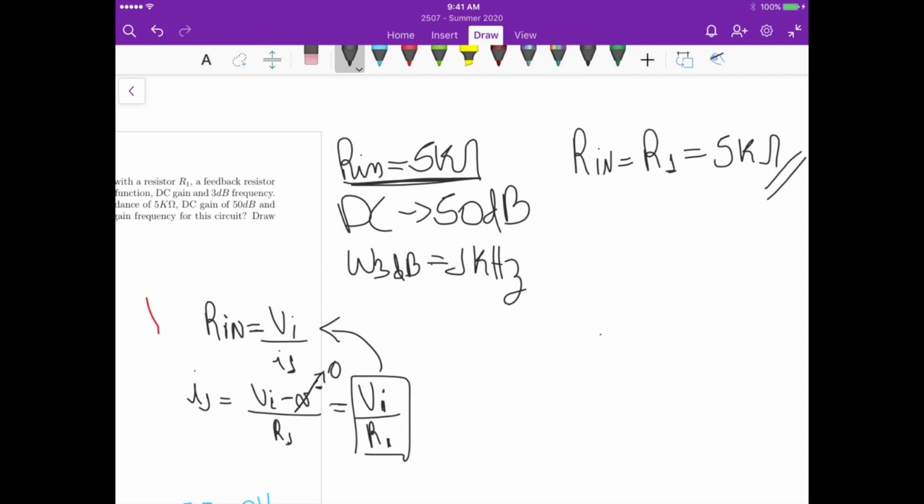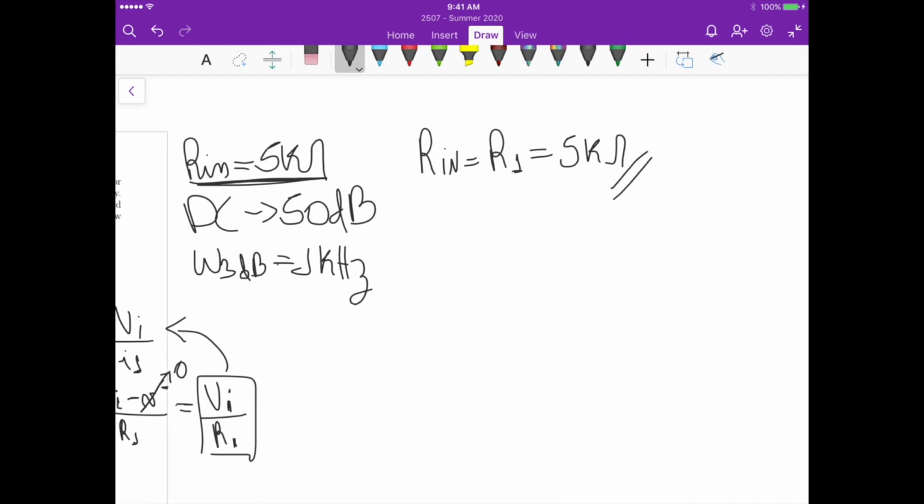Okay, now we want a DC gain of 50 dB. In linear scale, that corresponds to 10 to the 50 divided by 20, which is approximately 316.22 volts per volt. So this is in linear scale.